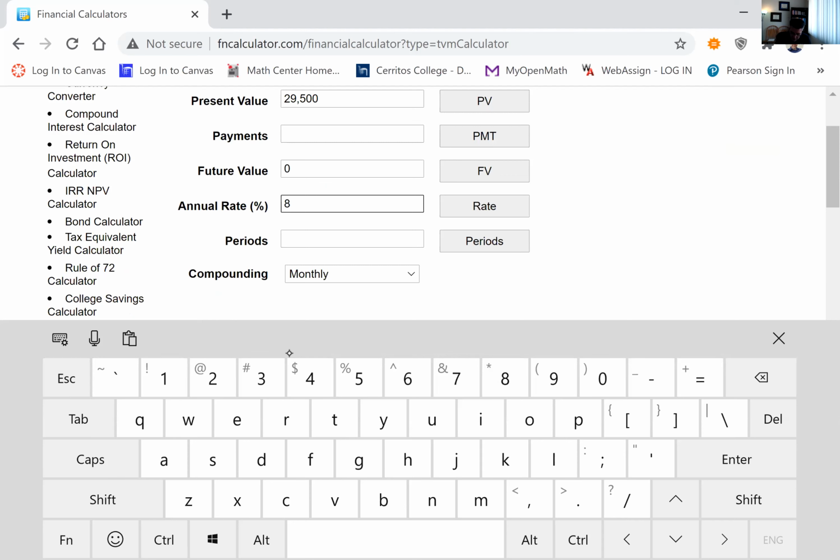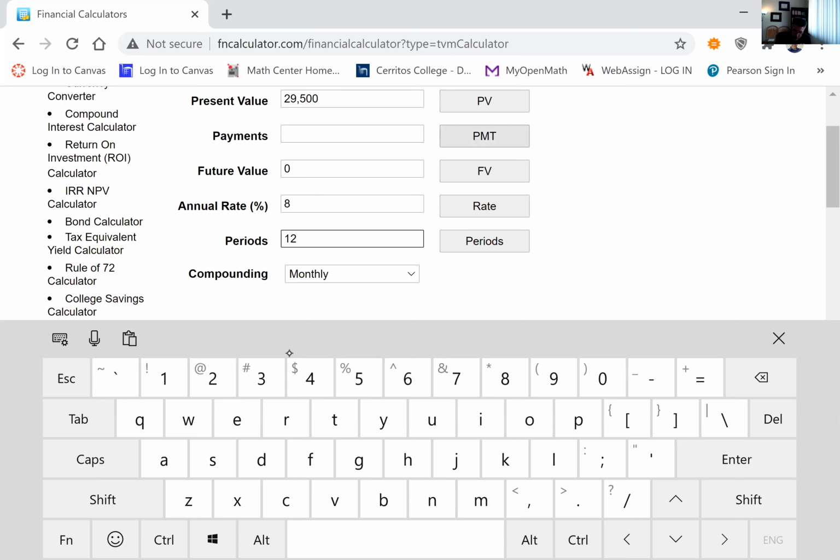The periods are the number of payments that you're going to pay. You have to have 4 out of the 5 filled in, and then it will calculate the fifth one for you, which is nice. If you know any four of these, it will calculate the fifth one for you.